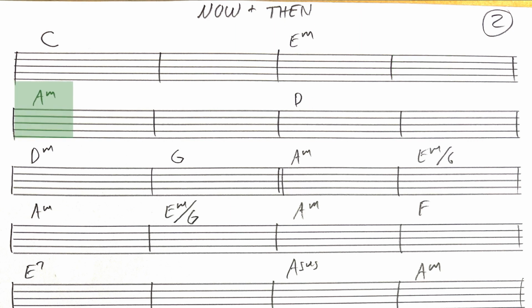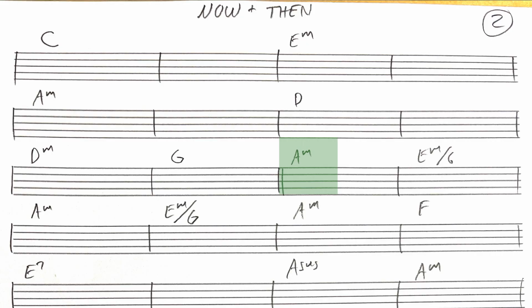Now we're back on the A minor chord. Then to D. This is like a cadence in the Aeolian mode again. And now we're back to the beginning. There's those modal chords again.